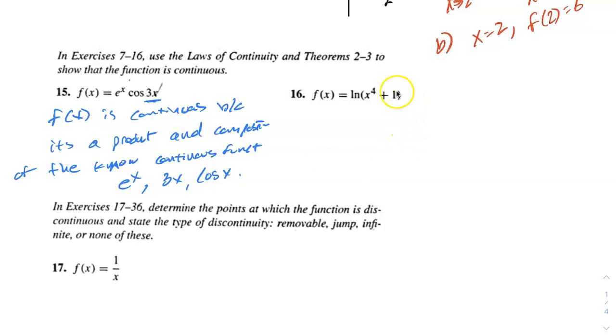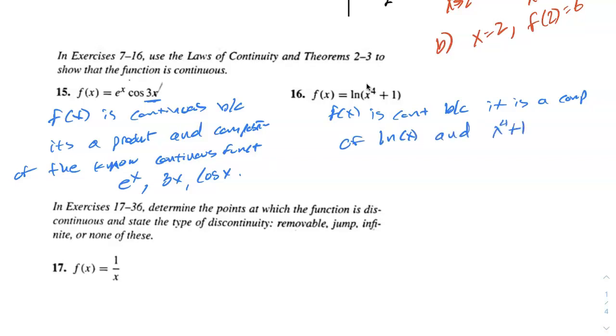Same with 16. Now this is just composition of functions. So all you're going to say is f of x is continuous because it is a composition of natural log of x and x to the 4th plus 1, which are known continuous functions.